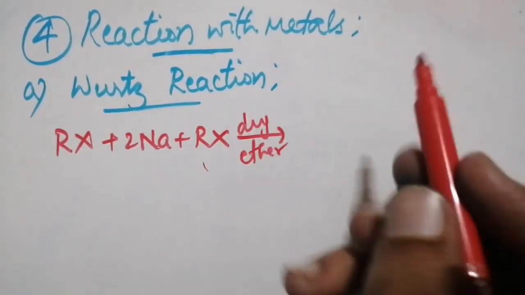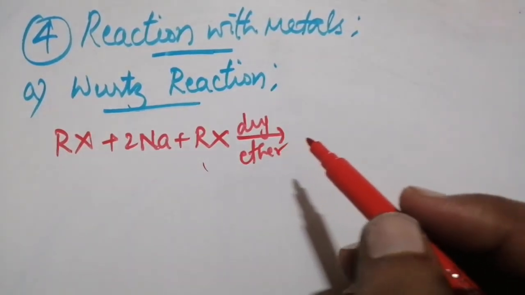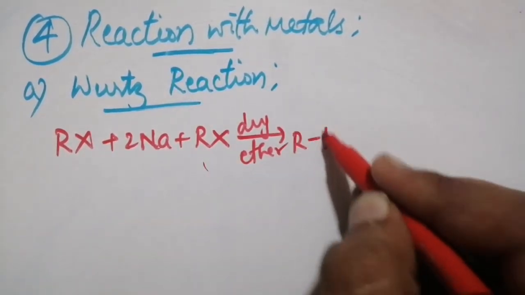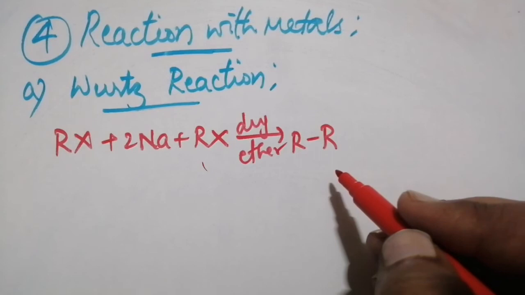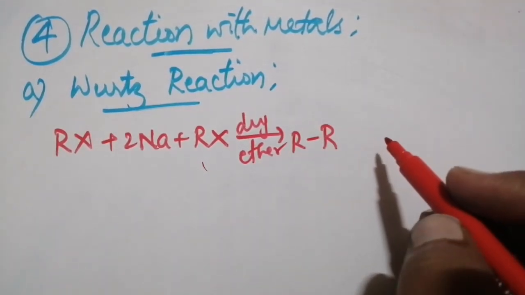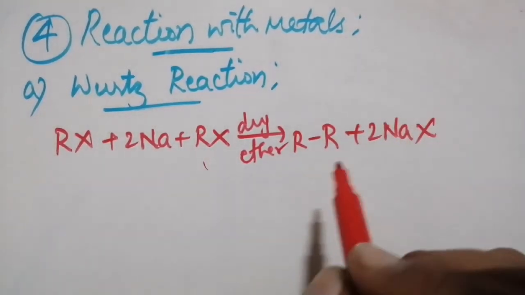If dry ether is not there, the reaction itself will not take place. So my reaction proceeds further with formation of R-R, a higher hydrocarbon chain, with 2NaX. This is my reaction.